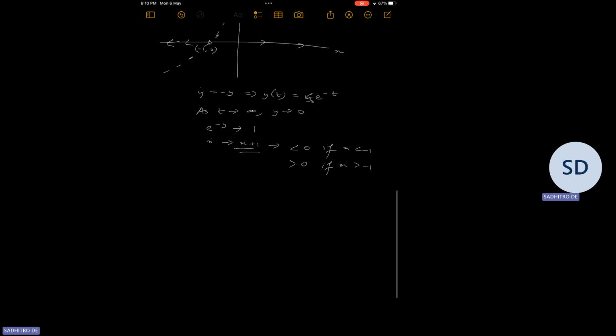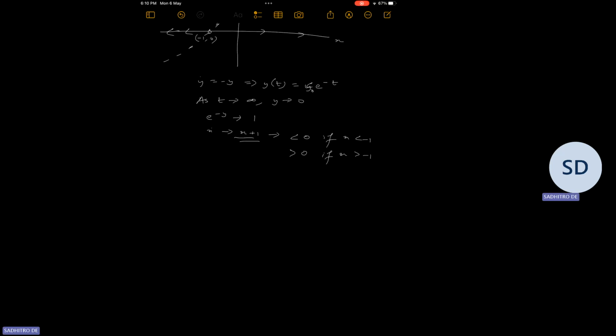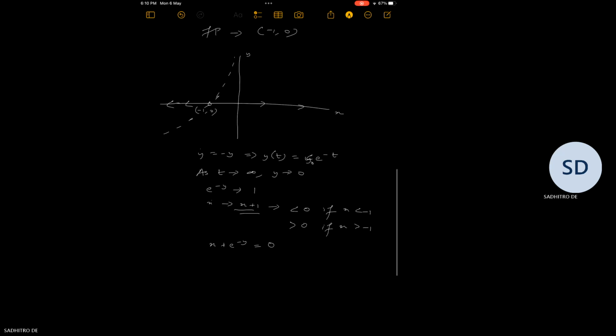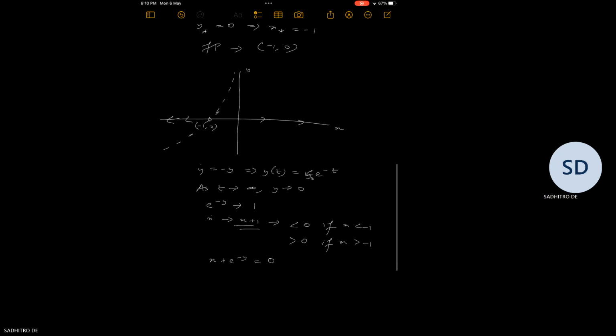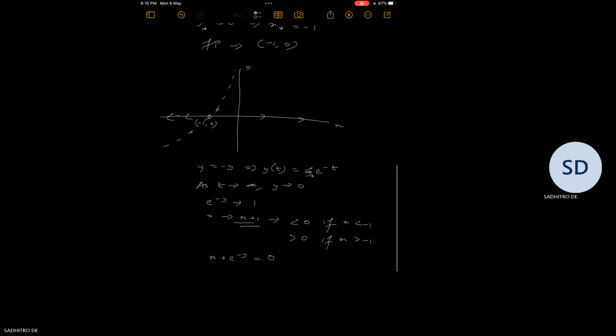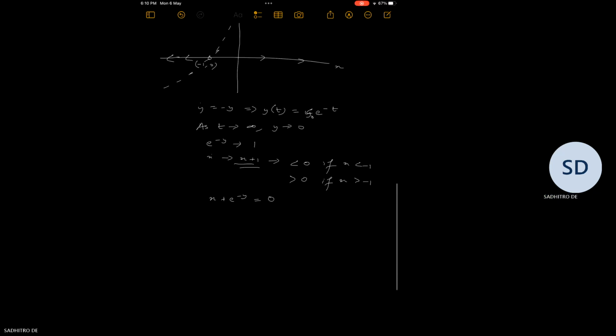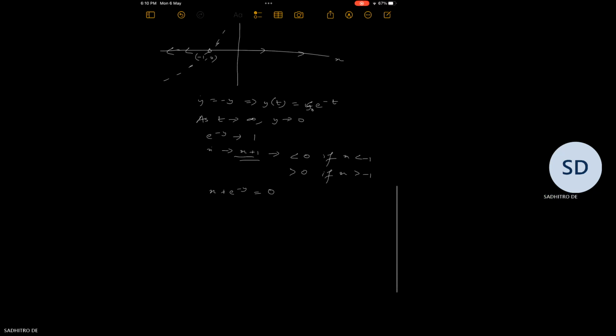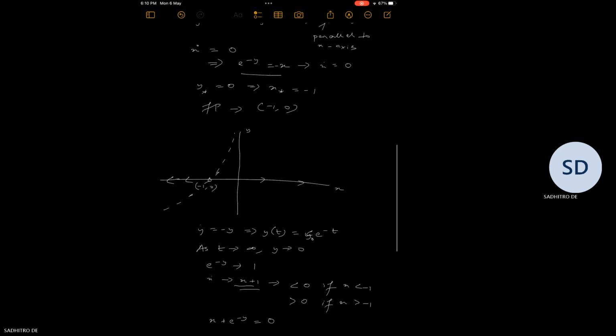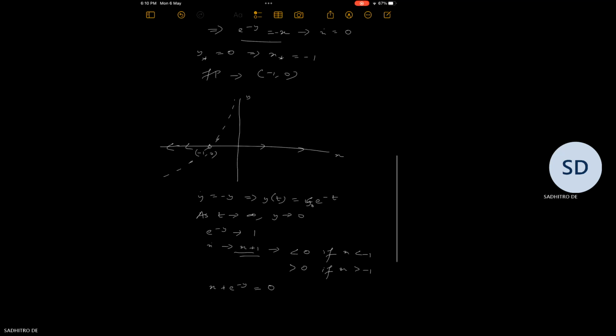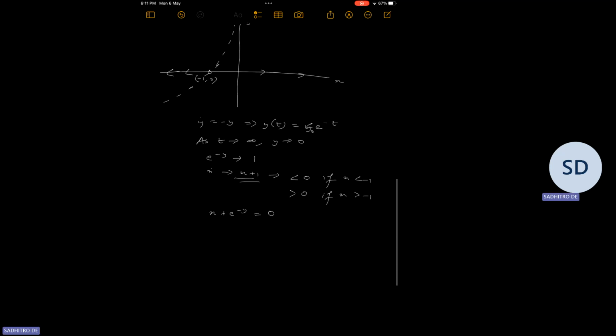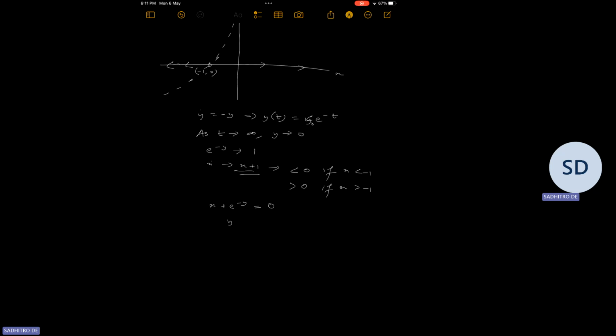Okay, so let us write this down. Along this particular line, if y is greater than 0, then y dot is less than 0.